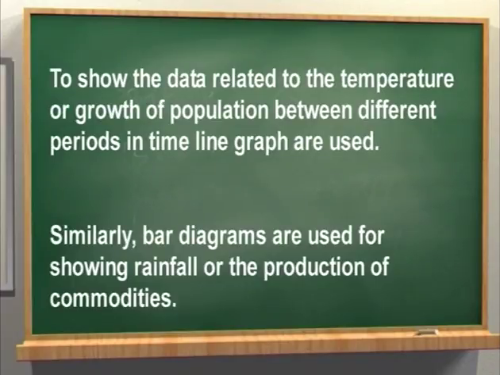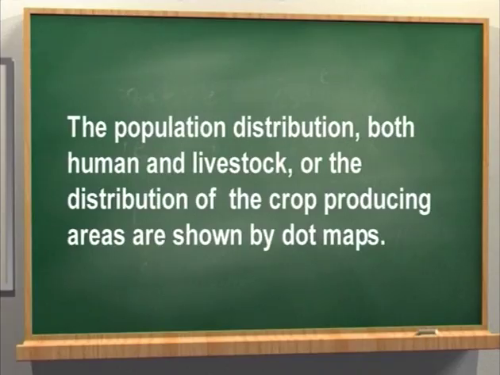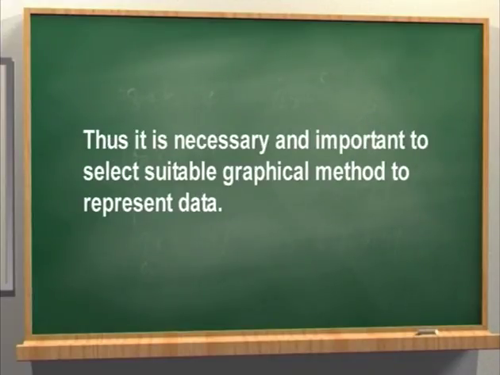Similarly, bar diagrams are used for showing rainfall or the production of commodities. The population distribution, both human and livestock, or the distribution of the crop producing areas are shown by dot maps. Thus, it is necessary and important to select suitable graphical method to represent data.